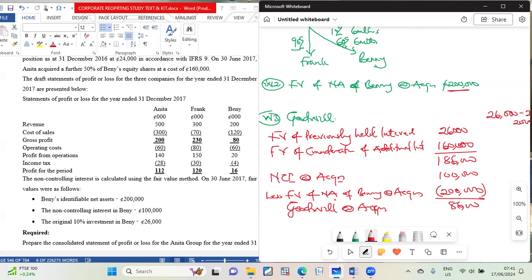Normally, there's your workings too, you can do it. All right. You can do it in a proper question that has been given to you, because what you need to do is to find the post-acquisition profit. Okay. Then you share between the NCI and the CI, right? So that is what you normally do.